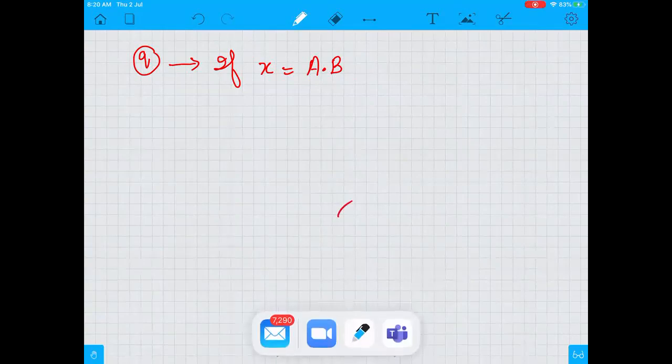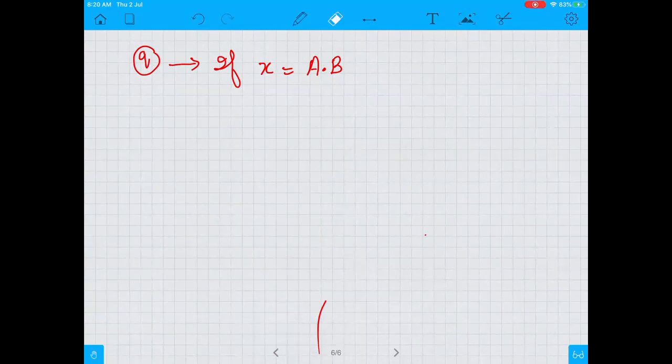You see, the maximum value of x, x maximum, will be equal to a maximum into b maximum. So if we multiply maximum value of a with maximum value of b, we get maximum value of x.